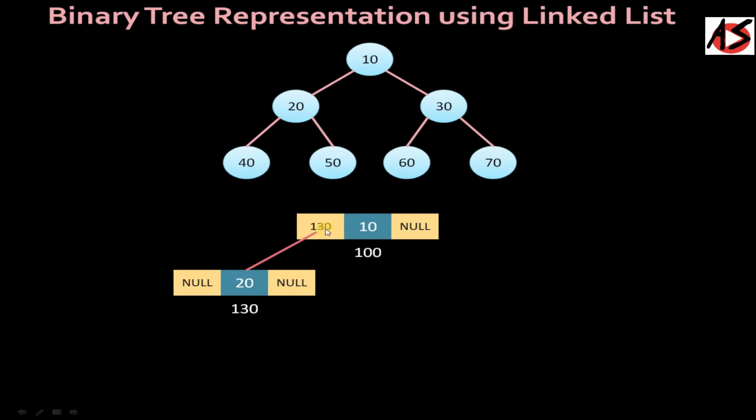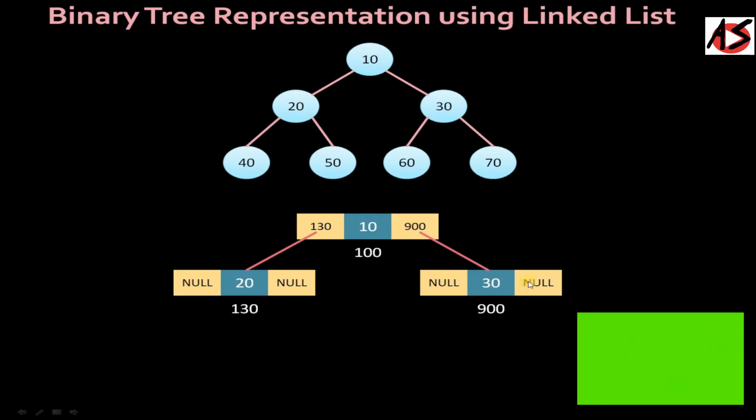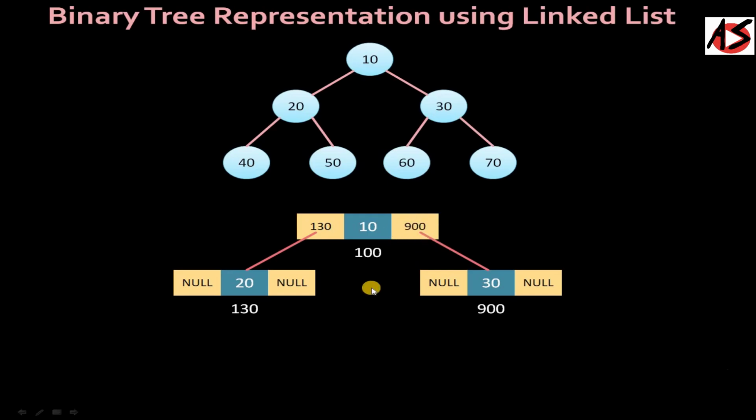Now you are taking the right node of the root node, that is 30. So you take the left pointer null, right pointer null. Since the address of this node is 900, you update the right pointer of the root element to 900. Now you take the next node, that is 40. So you take left and right as null.